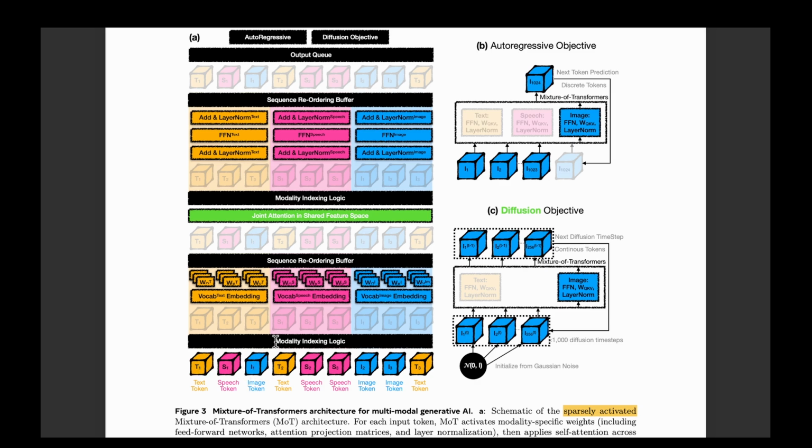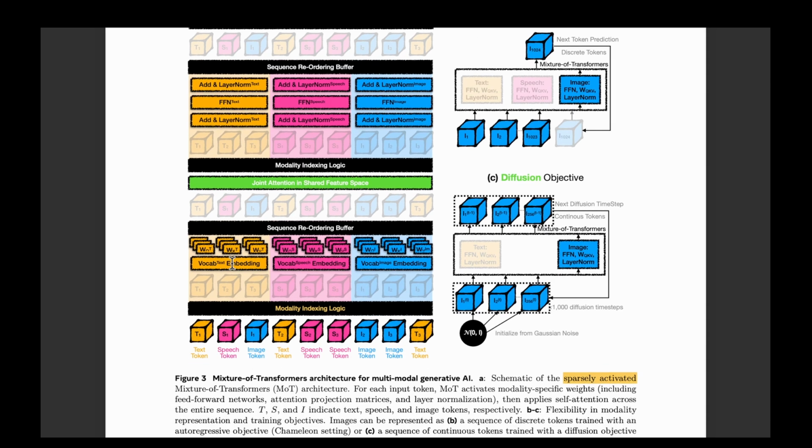Initially, we have this indexing logic to index each of the modalities and pull them out separately. Once we apply the modality indexing logic, you have all the text grouped separately, the speech separated, and the images separated. Because we have now separated them, we treat them separately and use modality-specific weights.